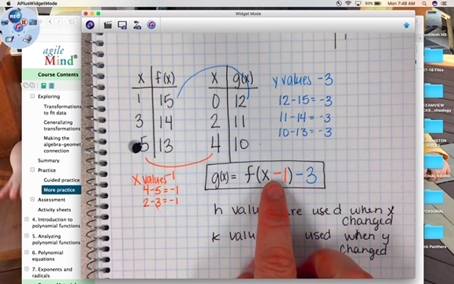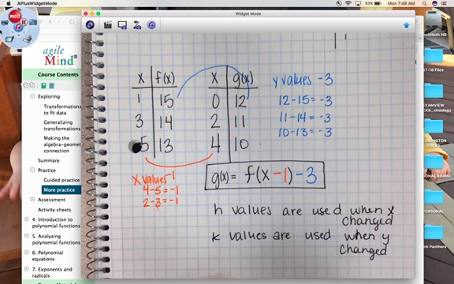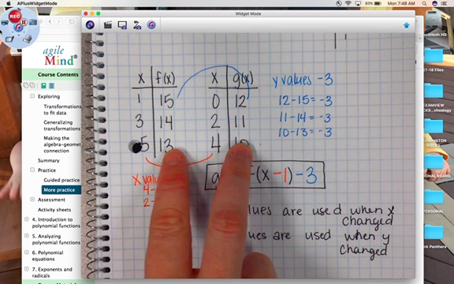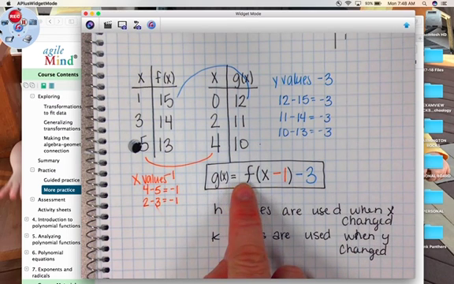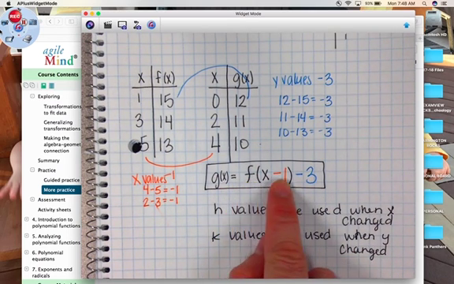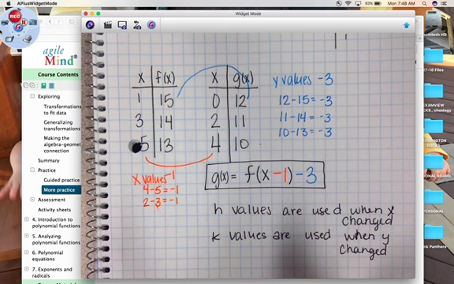Remember, we write it in function notation because we're just saying from the original function to the new one. You don't want to have to write the equation for both of those. It's better to just say g of x is equal to f of x minus 1 minus 3, and just to give how the points changed.